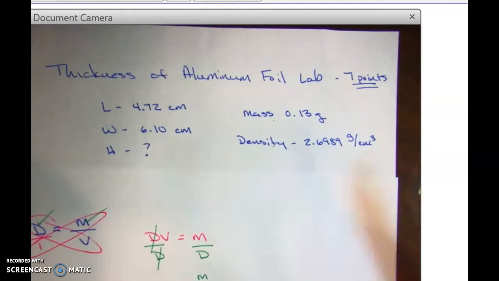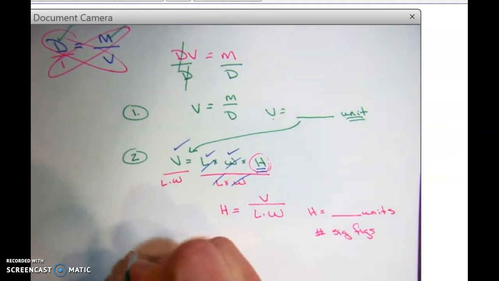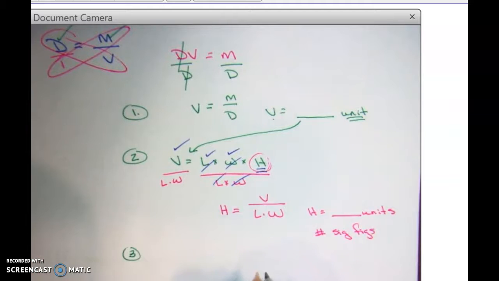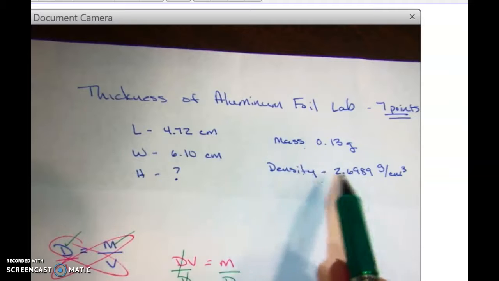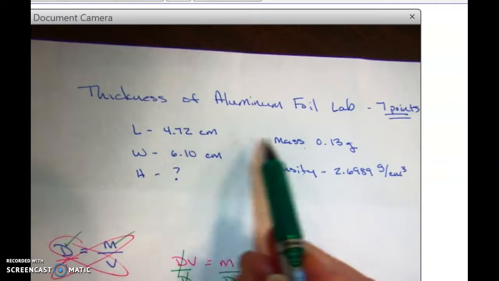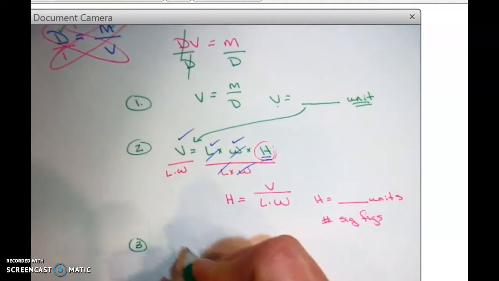That's all I'm going to tell you. Now, you use that information to determine the number of sig figs, and then for number 3, you're going to tell me which instrument. We only used 2 instruments, a ruler and a balance, and we had the periodic table for this, so a ruler or a balance determined the number of sig figs.